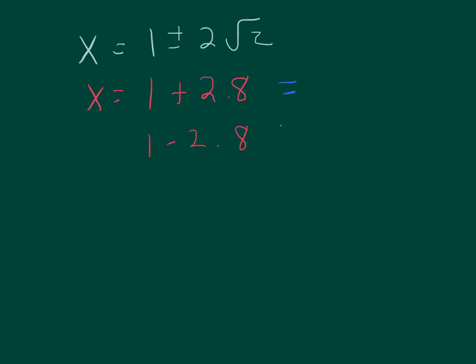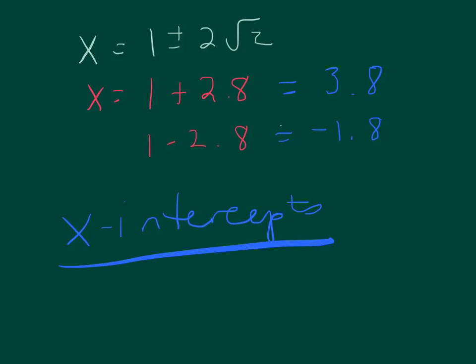So 1 plus 2.8 would mean 3.8, sorry, and 1 minus 2.8 would be negative 1.8. And what that tells us is that in our original equation, our x-intercepts of that graph were either 3.8 or negative 1.8. Those are our two x-intercepts.